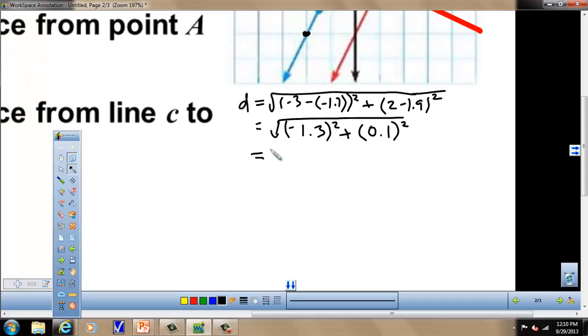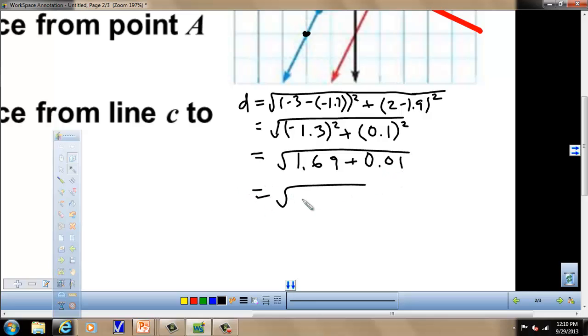And then 1.3 squared is 1.69, plus 0.1 squared is 0.01. So we get the square root of 1.7, which is approximately, give me a sec, rounding it, approximately 1.3. And so that's the first part of this.